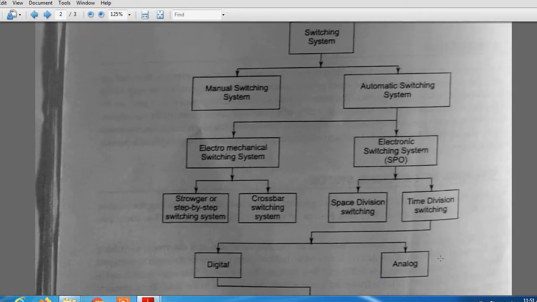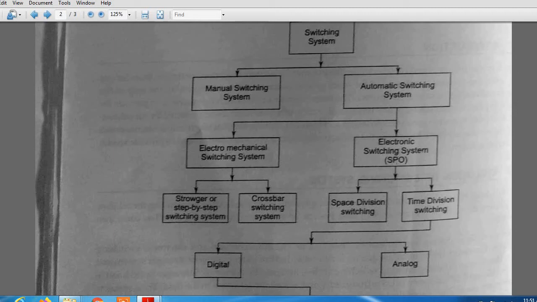So this is the classification tree of a switching system. The main switching system is divided into manual switching system and automatic switching system. Now we will see a brief classification of these two. Automatic is divided into electromechanical switching system and electronic switching system. Electromechanical is again divided into two parts, step by step switching system and crossbar switching system.